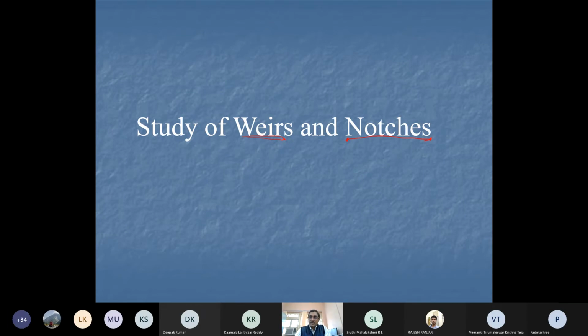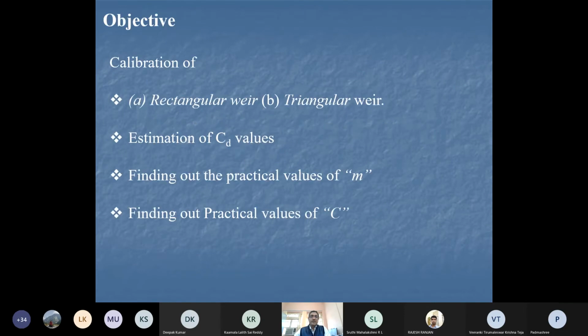And there are three types of notches: rectangular, triangular, and trapezoidal. We have learned in theory. So here the objective for today's lab is to learn about rectangular and triangular weirs.